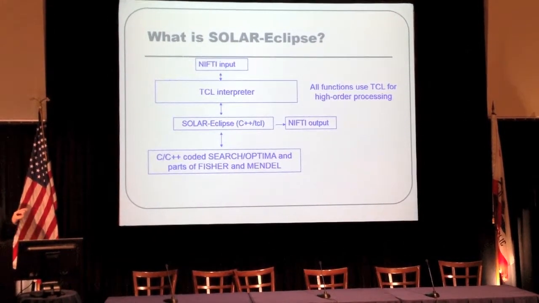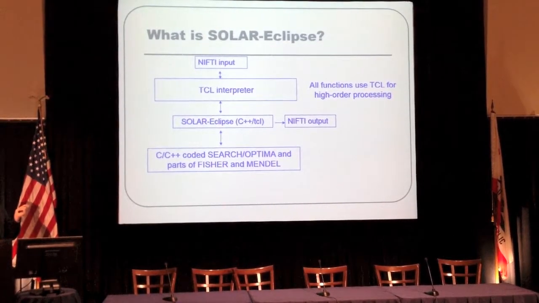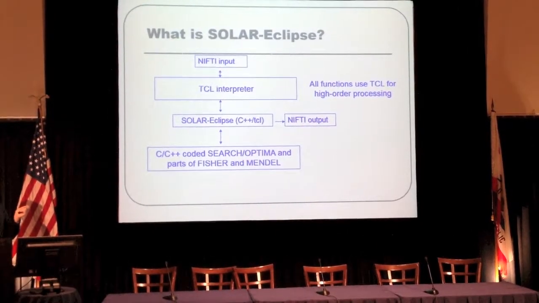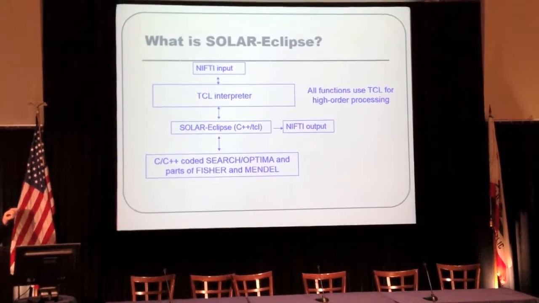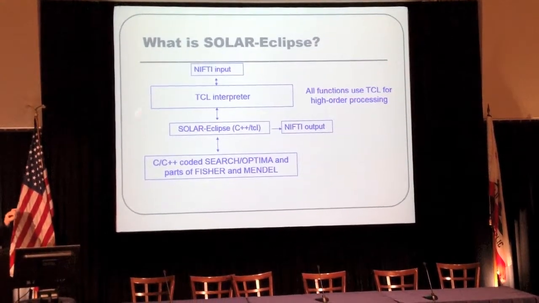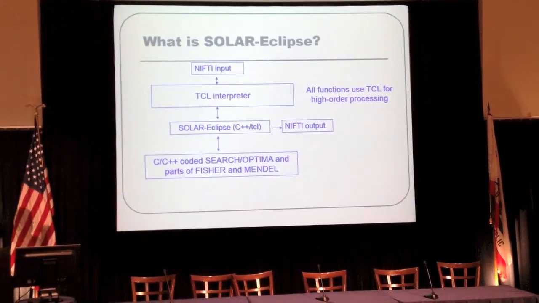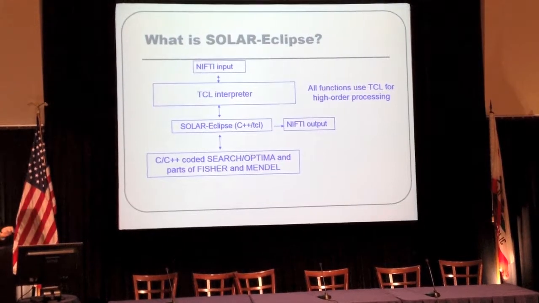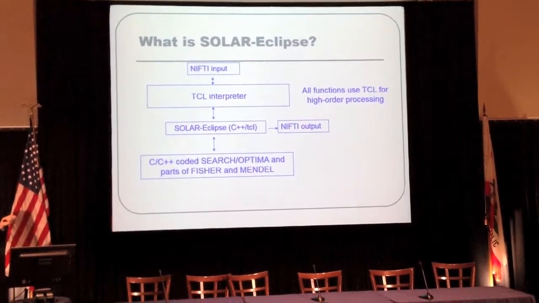So the TCL interpreter is actually built into the Solar shell, and you can use your TCL commands. I think eventually we may want to rewrite this part in Python, because Python has become much more fashionable than TCL in recent days. So this part may have to be redone.